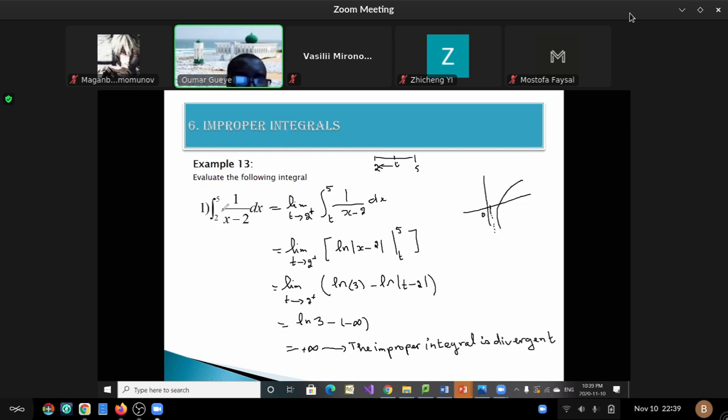Now be careful, if you just remove the 5, when it comes time to calculate the limit, you will get 2 minus 2, which is going to be ln of 0. And we can't calculate ln of 0 because it's undefined at 0. What we calculate is not ln of 0. We calculate the limit when the absolute value here is approaching 0. It's different. I'm saying the limit is approaching.